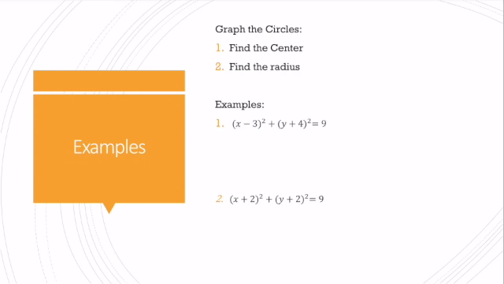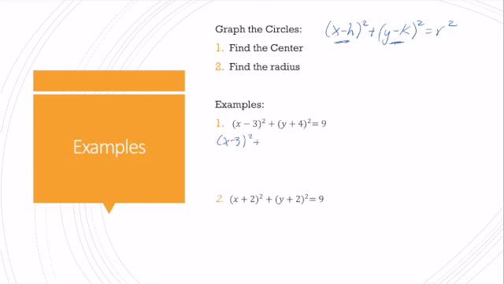Okay, let's try again. I have x minus 3 squared plus y plus 4 squared equals 9. Remembering, I have to have x minus h squared plus y minus k squared equals r squared. I have to have these written with a negative. So let's rewrite this.